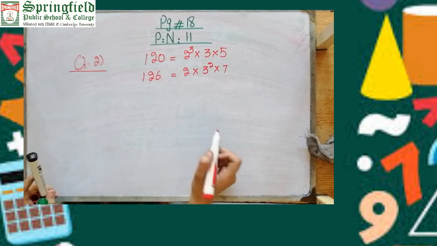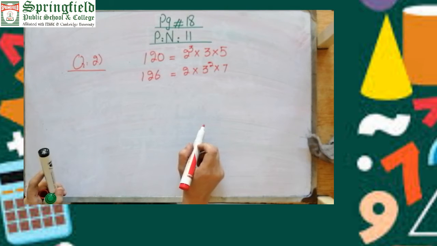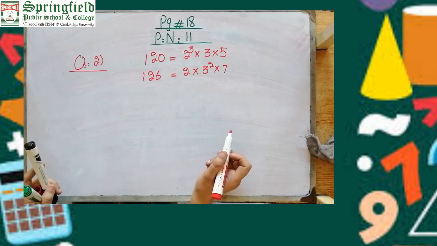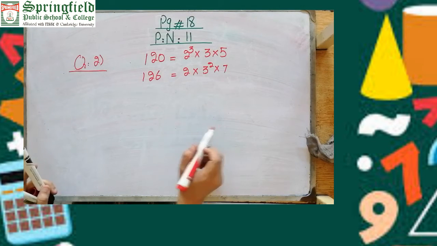Okay beta, as I told you, during LCM we will keep the powers and during HCF, highest common factor, we will open the powers. Why? Because LCM has a formula.